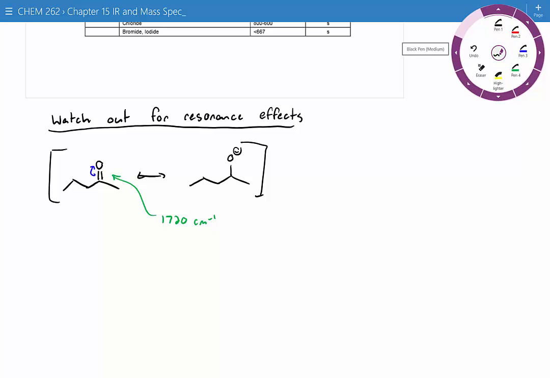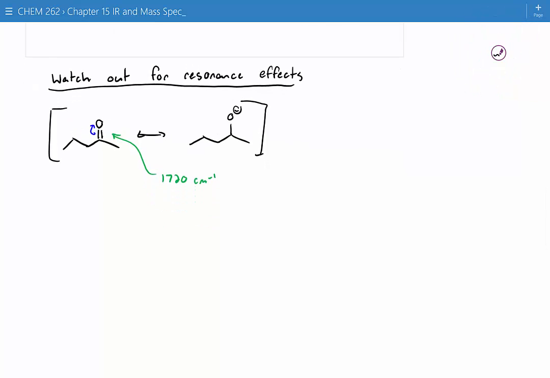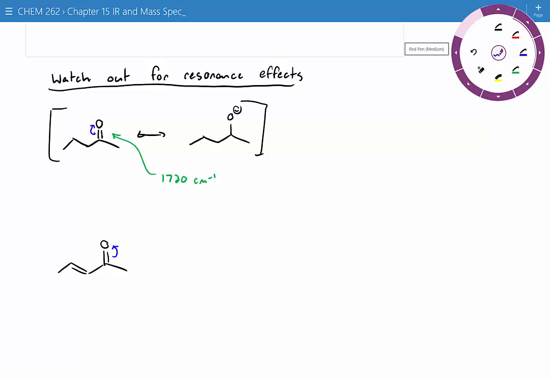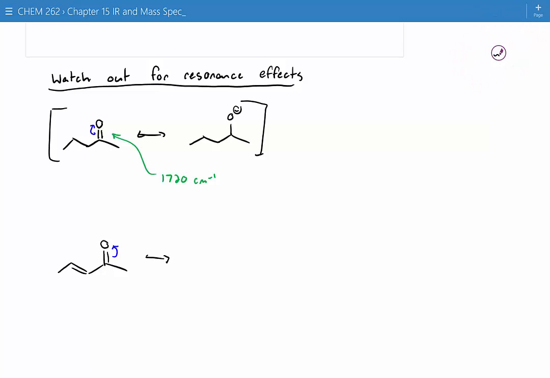All right, let's take another example. Let's say we've got a very, very similar ketone. This one's an alpha beta unsaturated ketone. If we try to do the same thing, we can say, all right, so let's move those electrons up. We know that it's not quite a double bond. It's actually a little bit more like a single bond than we would initially think.